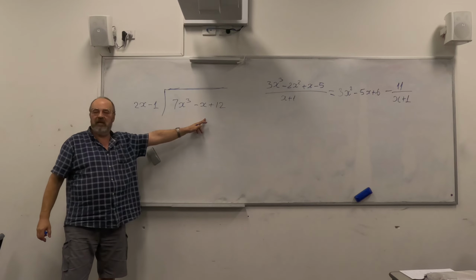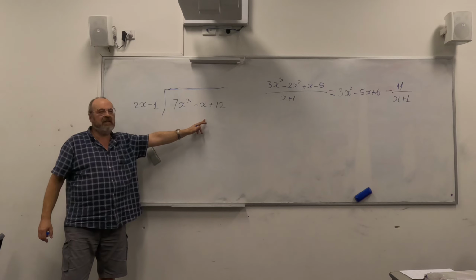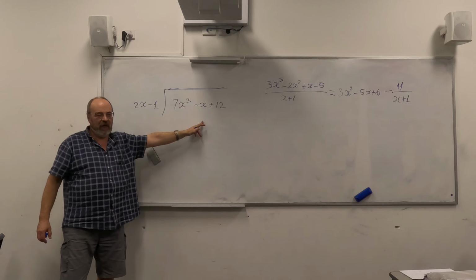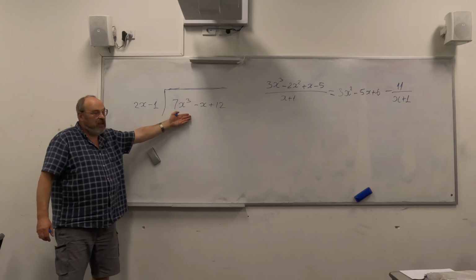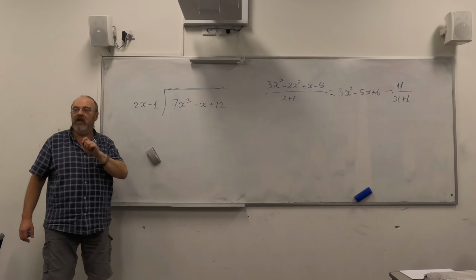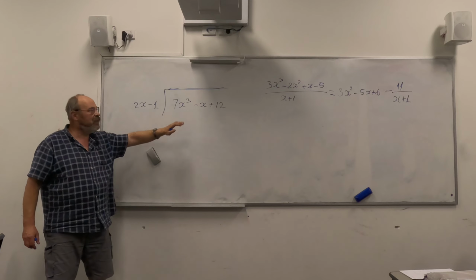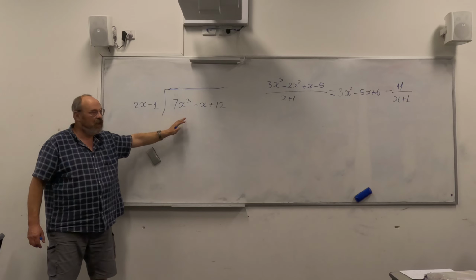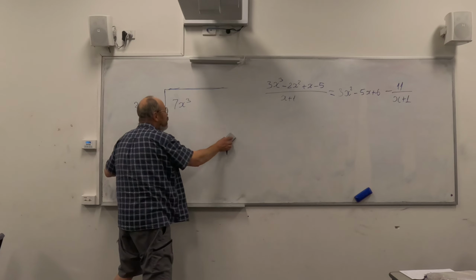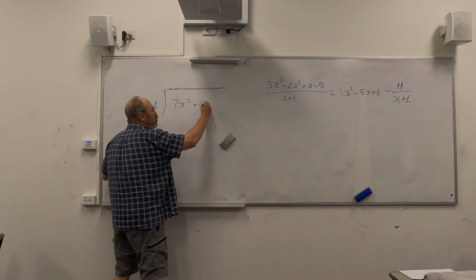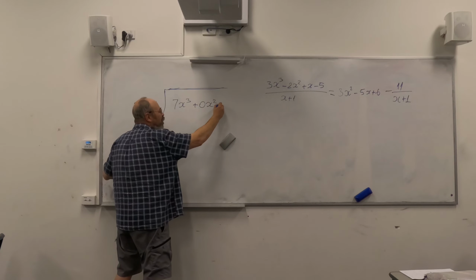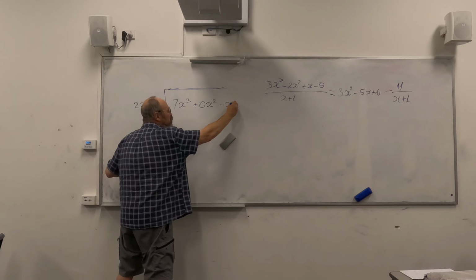If you look here, you can notice that x squared is missing. You have to make it 0x squared, because you can never divide like this or you will get it wrong. You need to write it as 7x cubed plus 0x squared minus x plus 12.